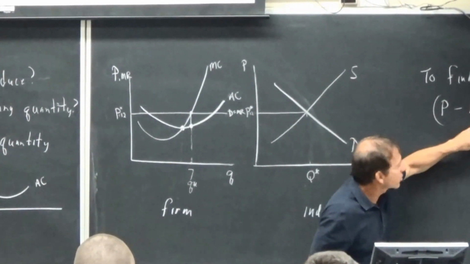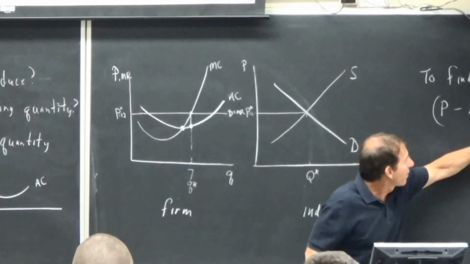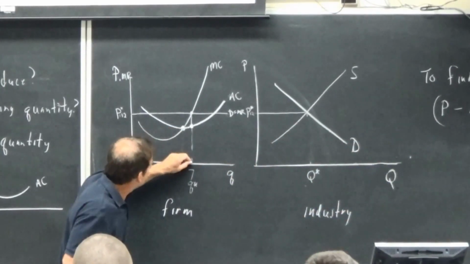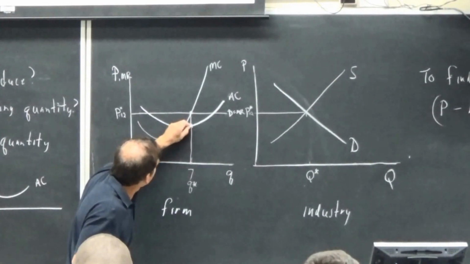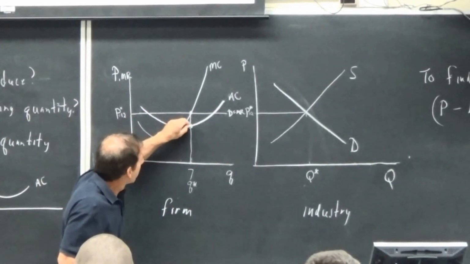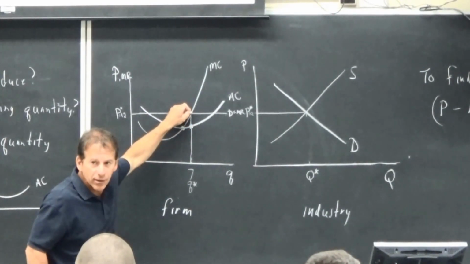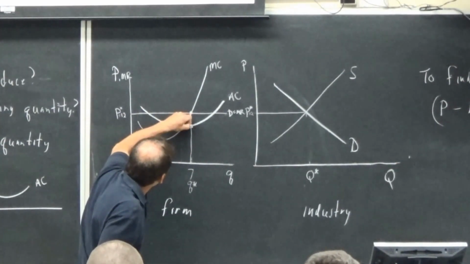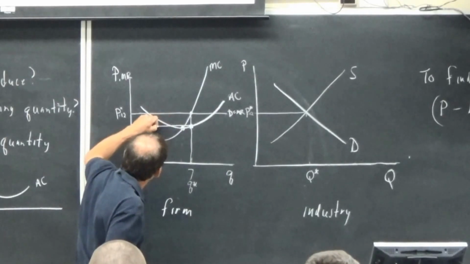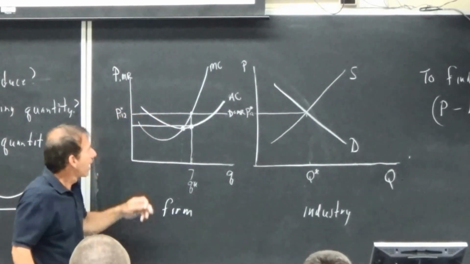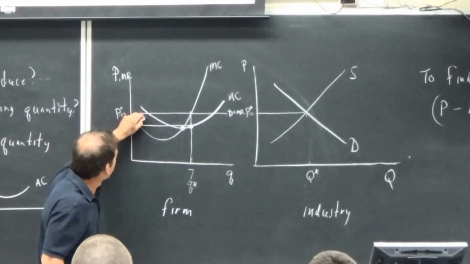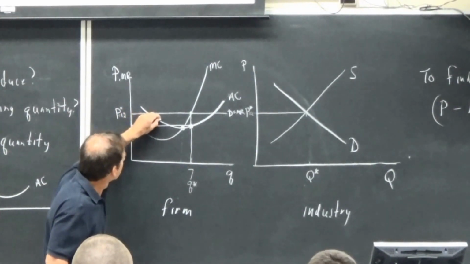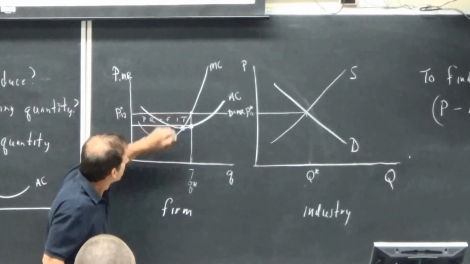So I start with the average cost. I find the quantity, go up to the average cost curve, and then my price is right here. If I draw a line over this direction, then I get a box, and this is the profit box, the profit area.